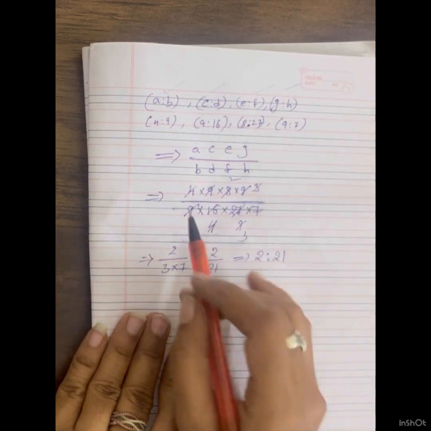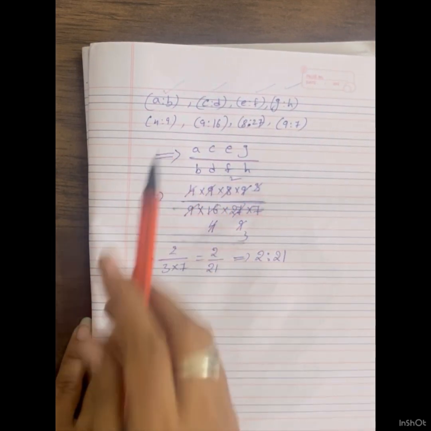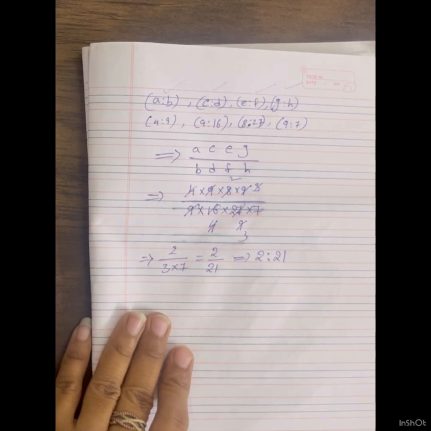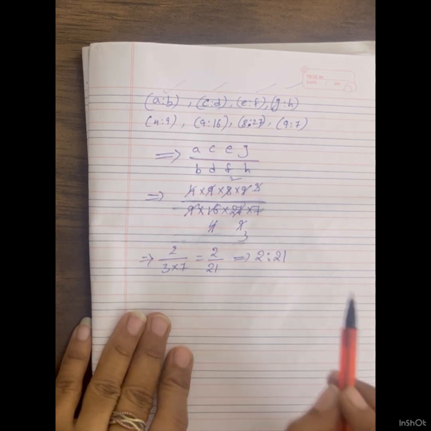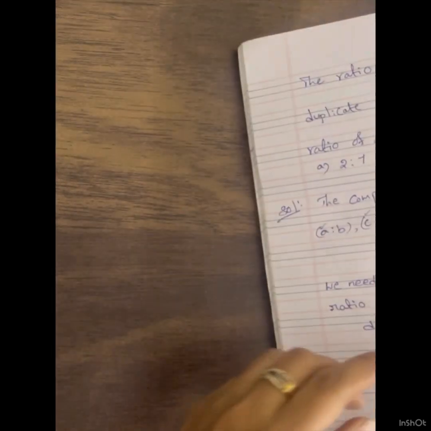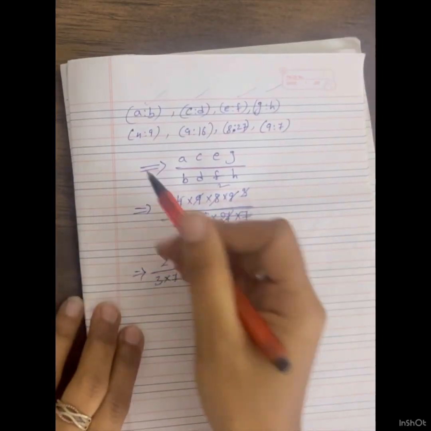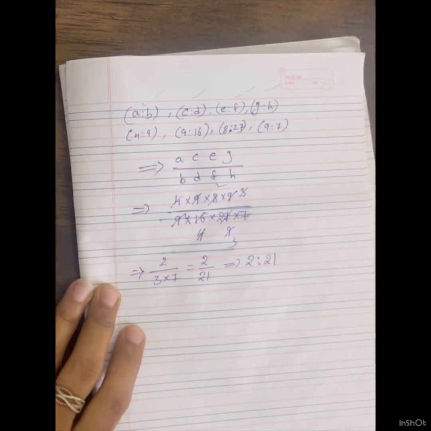For this, how to write the compound ratio formula? Multiply all the first terms in the ratios, divided by multiply all the second terms in the ratios. That is the formula. You must compare these 4 ratios with those ratios.